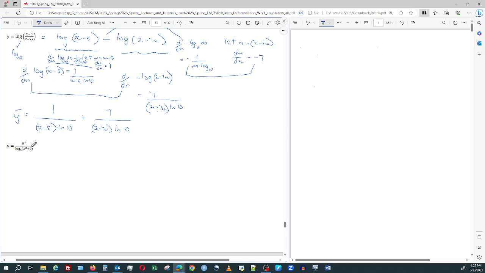So we've got a thing here where we're looking at u and v, so it's a differential of a quotient. So we're going to have, this time like this, over v squared. So u is equal to 5 to the power x.